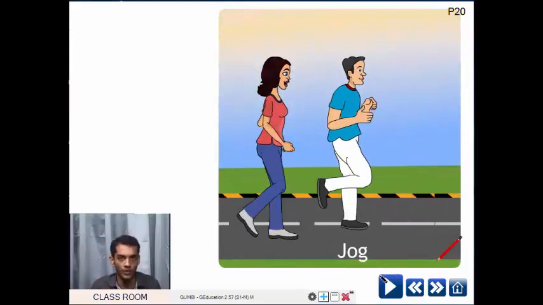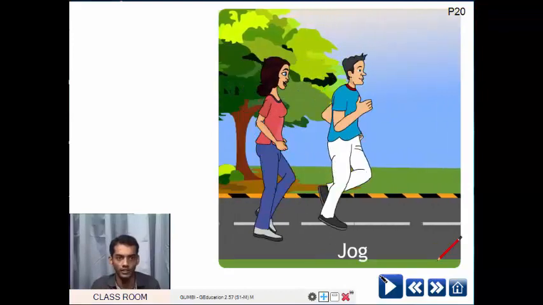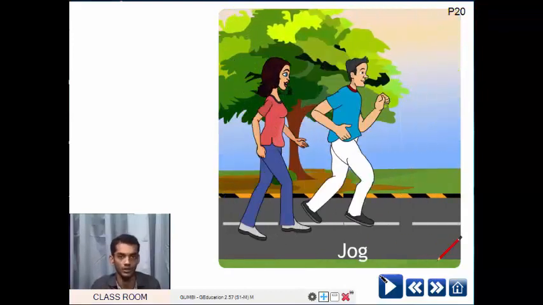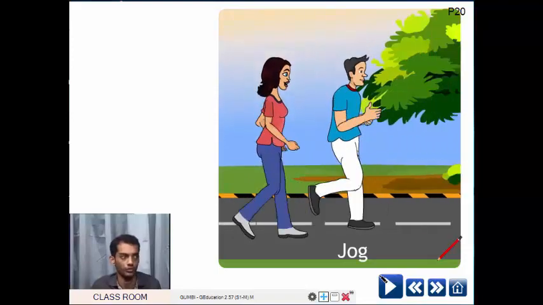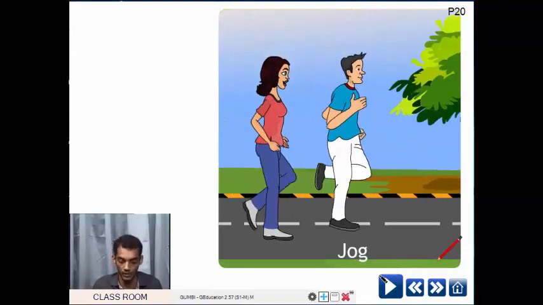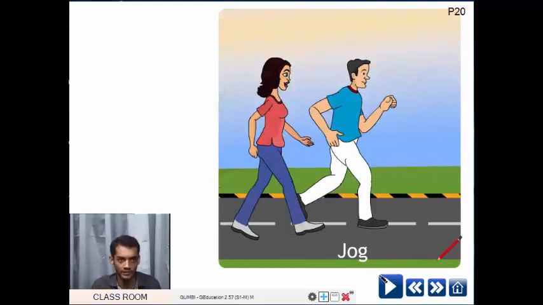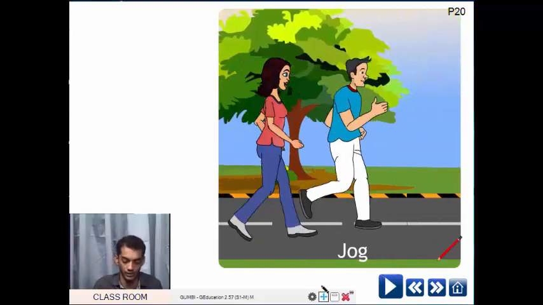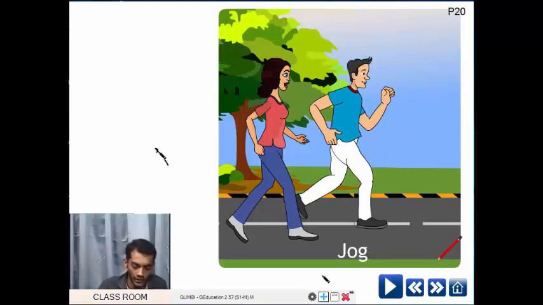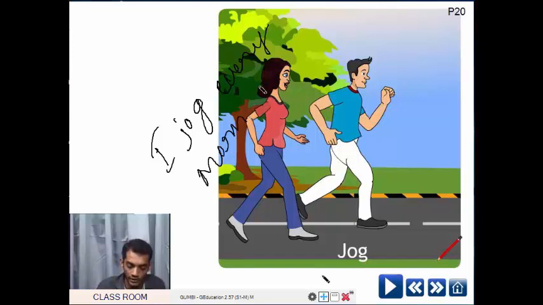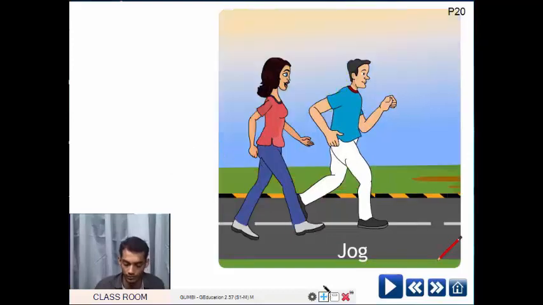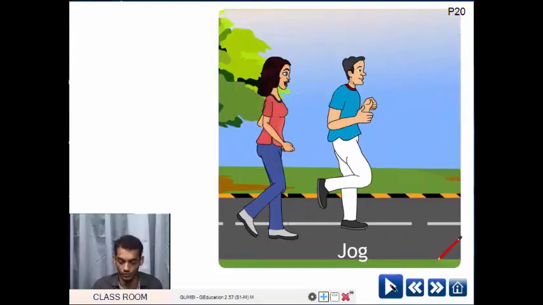Can you tell me what the action word is here? Jog. Very good. You can say, I jog every morning at 6 o'clock. Good.